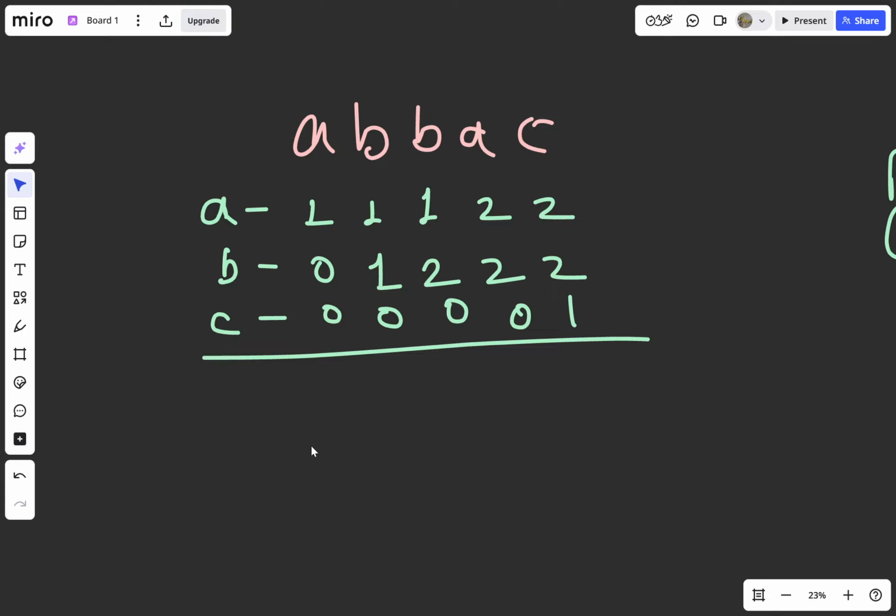If we consider A and B, we will consider it in a map and store their differences.